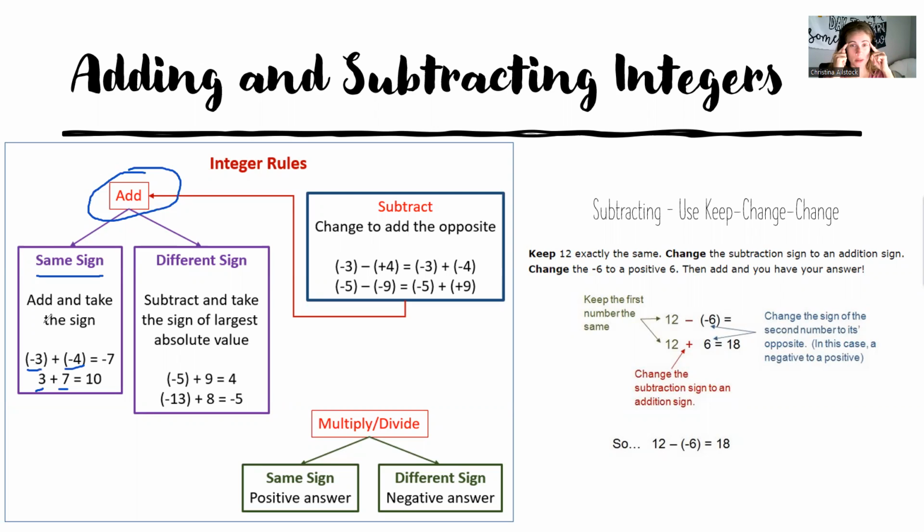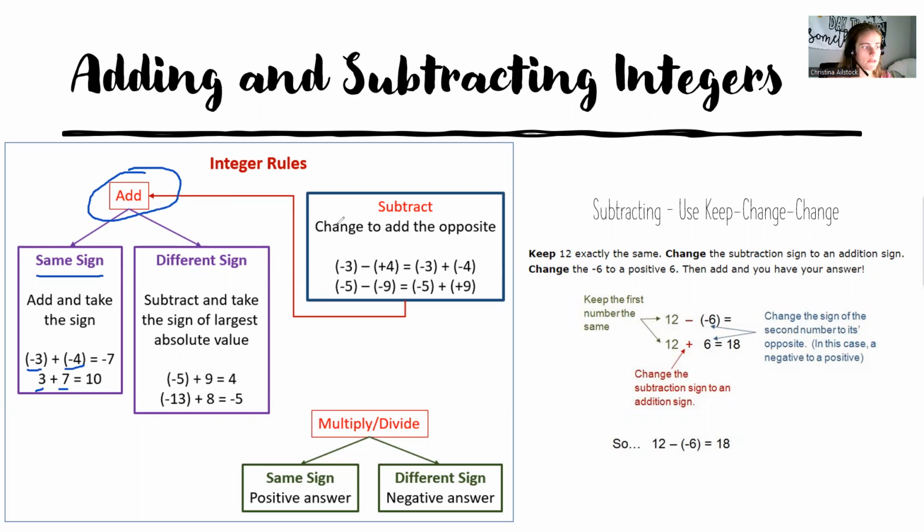Because if you picture that number line in your head, you're starting at a -4 and you're continuing down the negative side of that number line and adding -3. And so that's why your answer is a -7. So long story short, if you're adding numbers and they have the same sign, you add them and keep the sign the same.